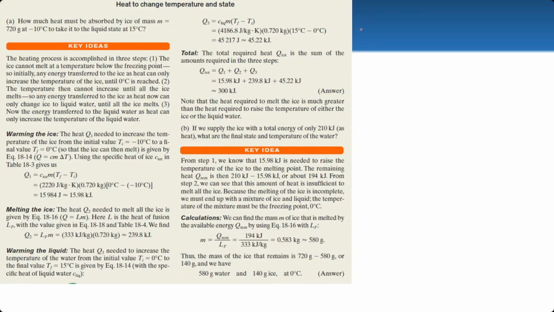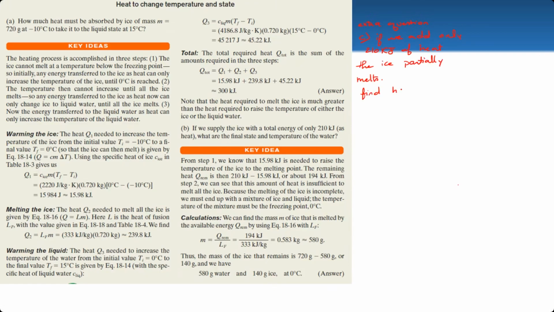So part C. If we add only 210 kilojoule of heat, the ice partially melts, as we have seen before.